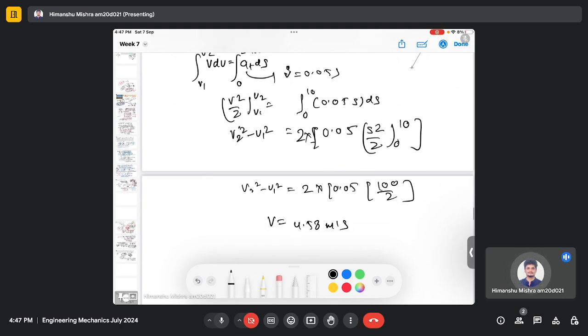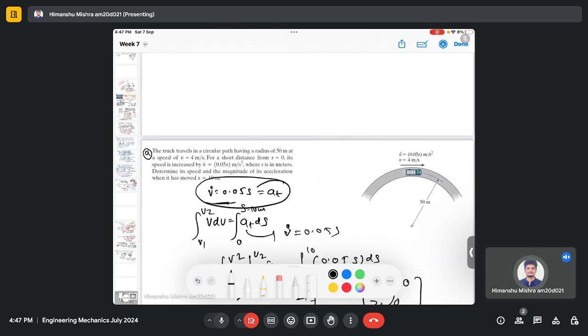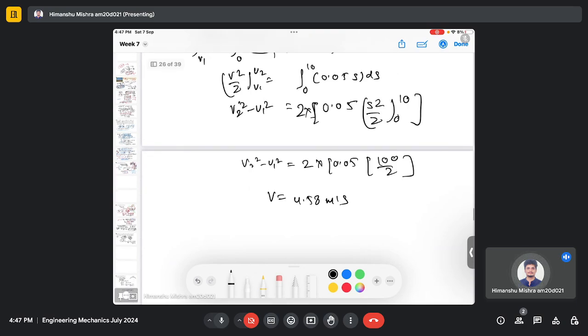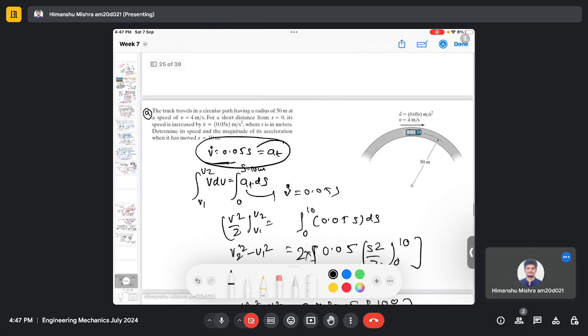Now we have already been given the tangential component of acceleration. To find the normal component of acceleration, we have the formula v squared by r, and r is 50 meter. It's the radius of curvature, right?